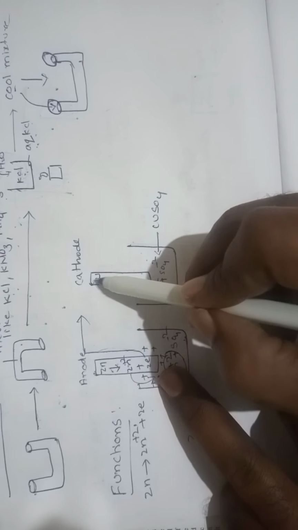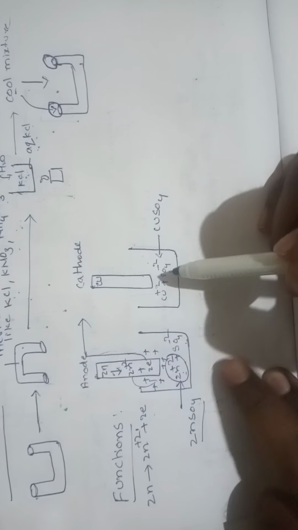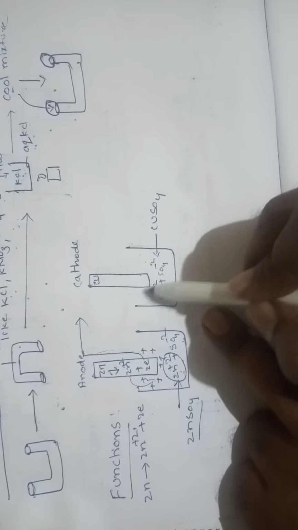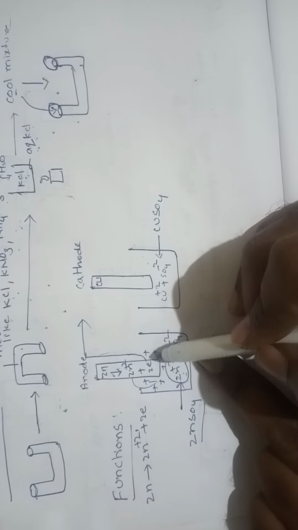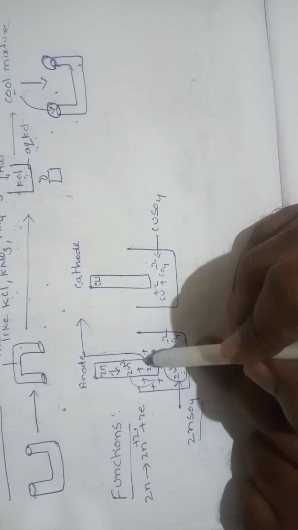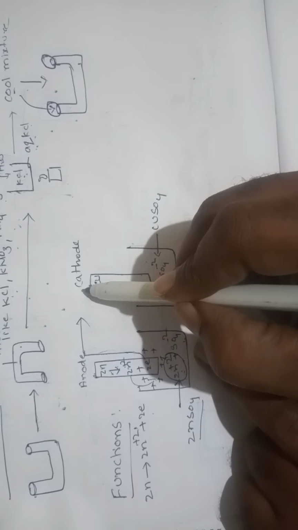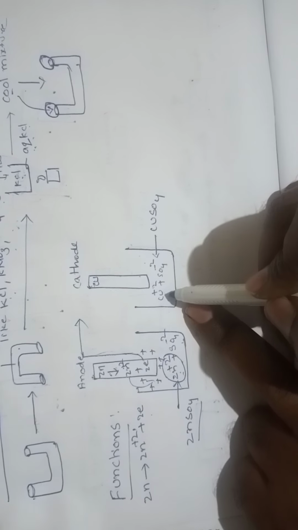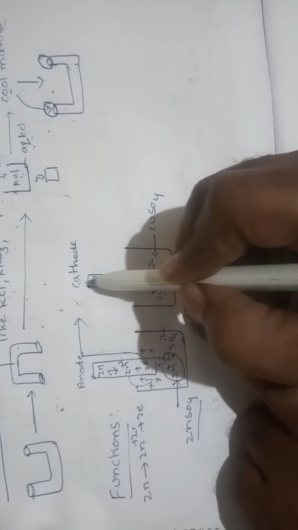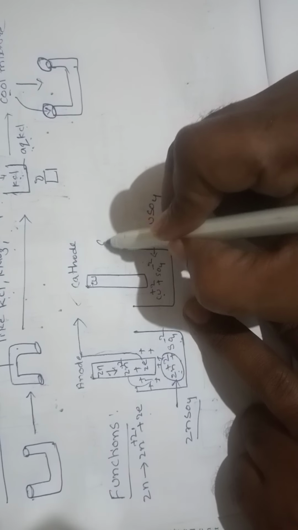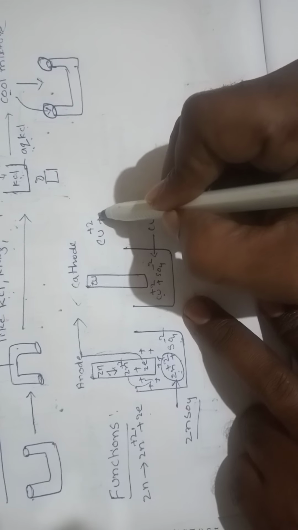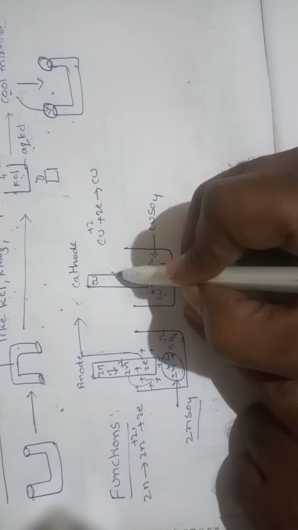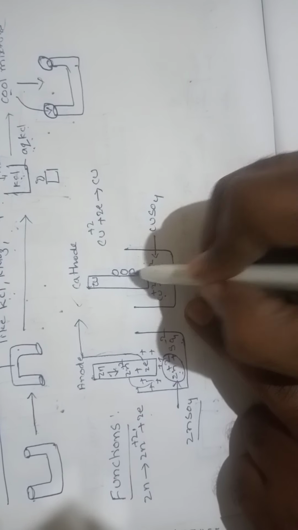Similarly, in the other compartment, what will happen during the beginning of the reaction? The electrons travel from the anode to the cathode. At the cathode, the cupric ions gain 2 electrons from the anode and convert into copper metal, which is deposited at the surface of the cathode.